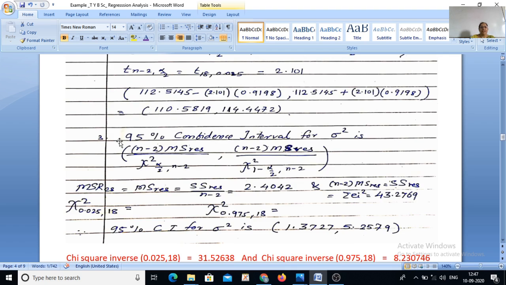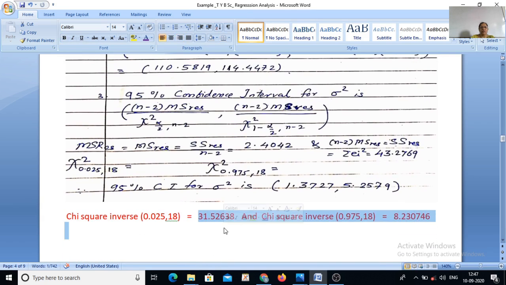So my 95% confidence interval for sigma square is n minus 2 into mean residual sum of squares, which is simply the residual sum of squares, 43.2769. So 43.2769 divided by 31.5263, I will get the lower limit, which is equal to 1.3727.